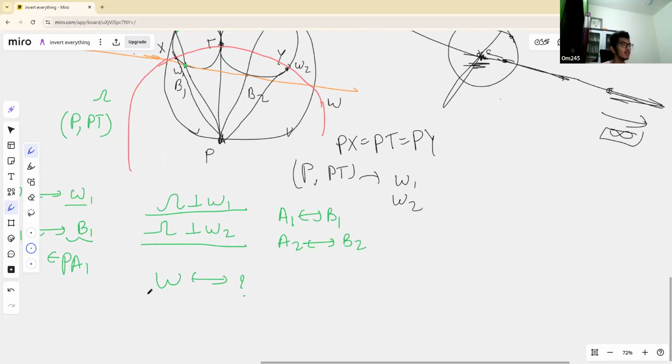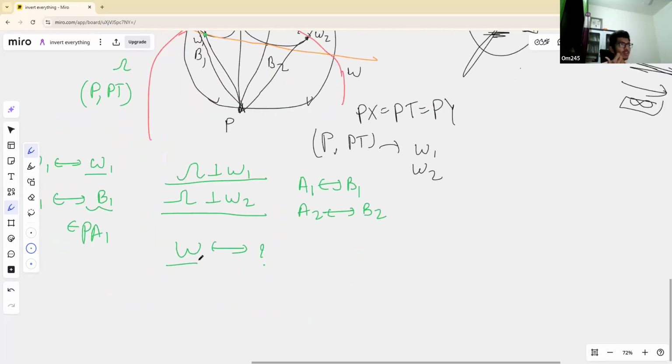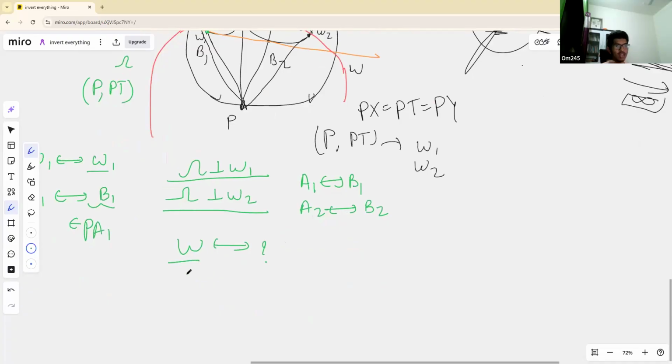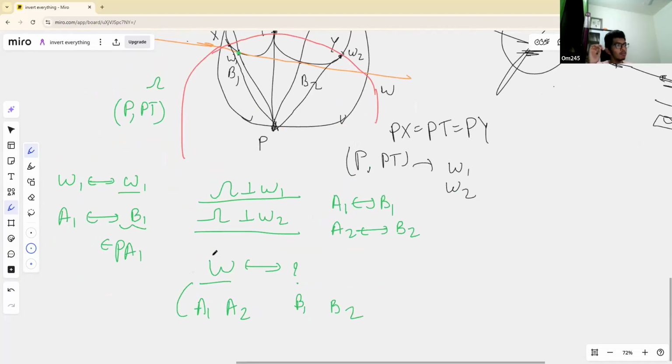And now if you consider the image of omega, this is how we generally see where the image of a circle goes. We know A1 and A2 lie on omega, so the image should contain the images of A1 and A2, which are B1 and B2. And one more thing: P lies on omega, and in inversion, if a circle passes through the center, it should map to a line. So this should be some line containing B1 and B2.